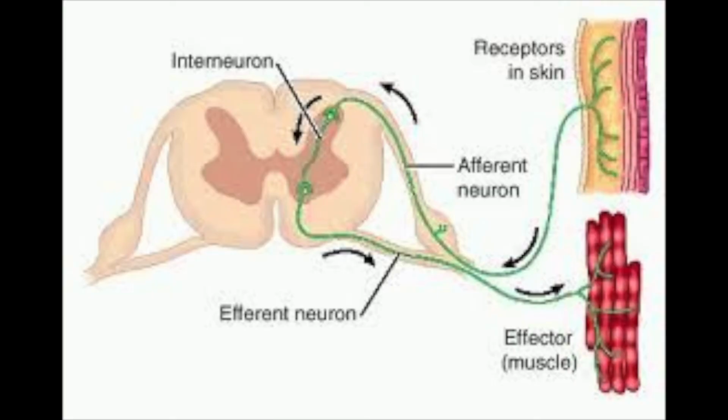So a reflex arc of this kind is a spinal reflex which provides an automatic mechanism so that the hand can be withdrawn from a harmful stimulus really, really quickly. And the reason that that processing takes place in the spine is because if the nerve impulse had to go into the spinal cord, then all the way up to the brain and all the way back down again, then that would take up time.